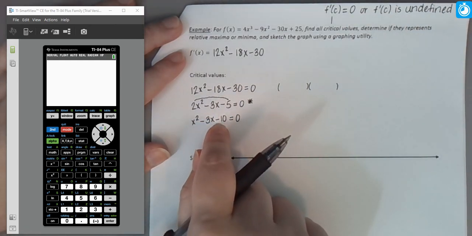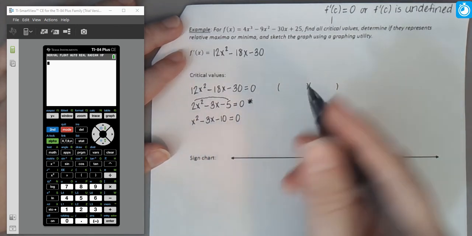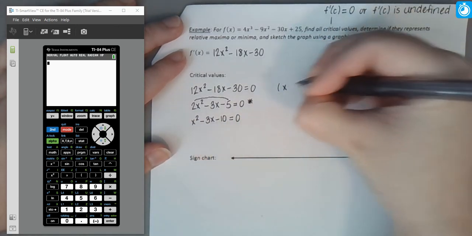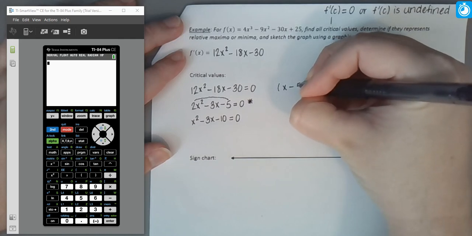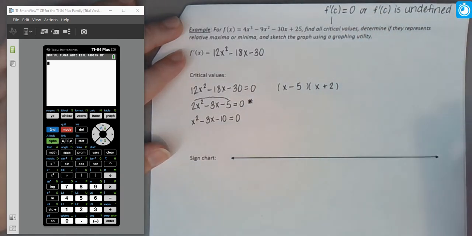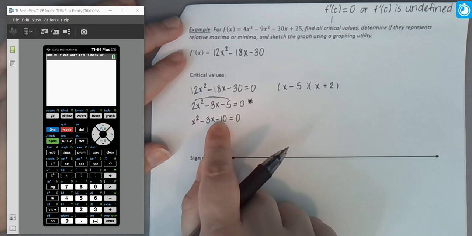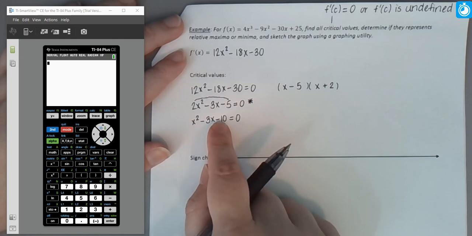So numbers that multiply to give negative 10, but add to give negative 3. Well, that is going to be negative 5 and then positive 2. How do I know what they're going to be? If they multiply to give a negative, that means they've got to be opposite signs. So I know one has to be positive, one has to be negative.